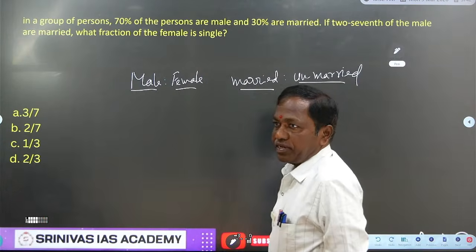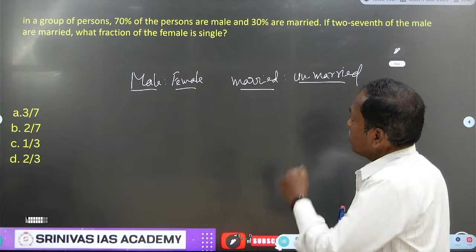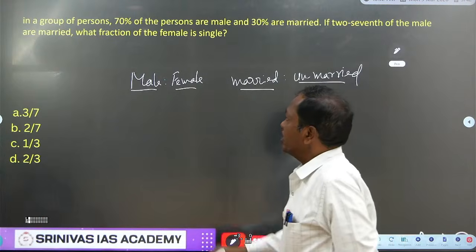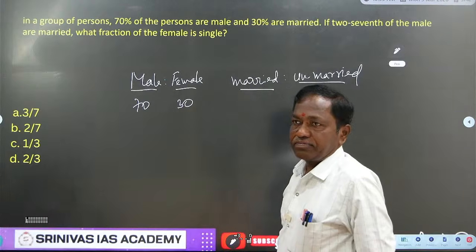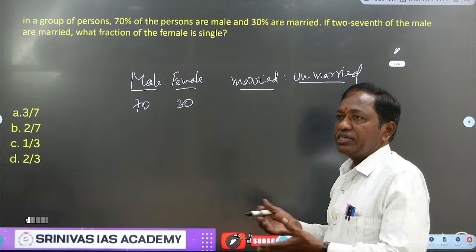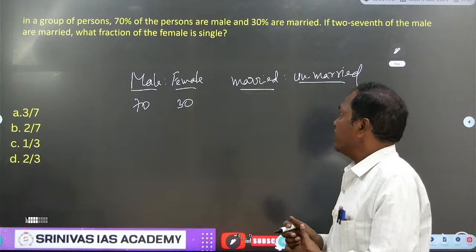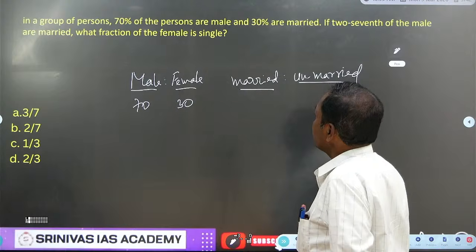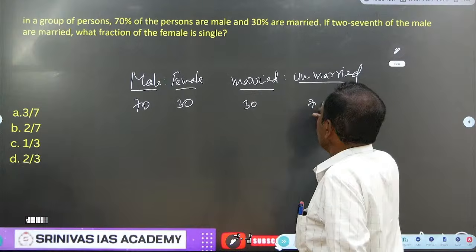Male is 70 and female is 30. In a group of persons, let the group be 100. 70 are male, the remaining are female. 30% are married, so married is 30 and unmarried is 70.